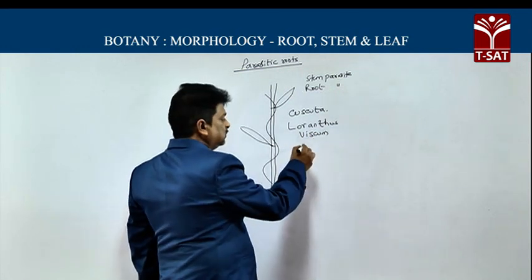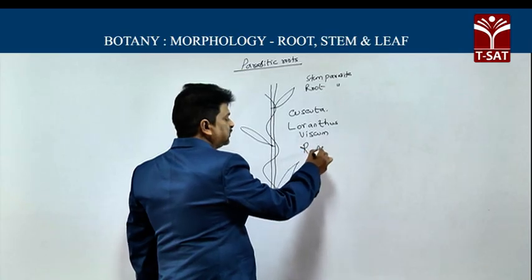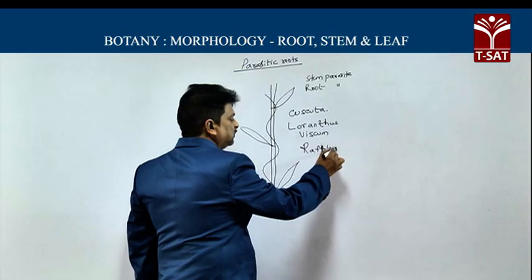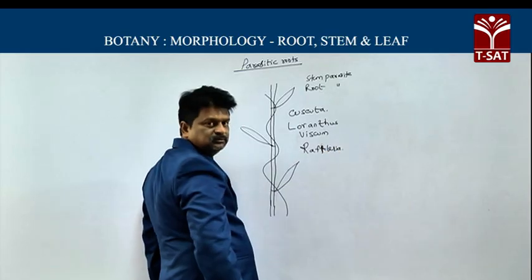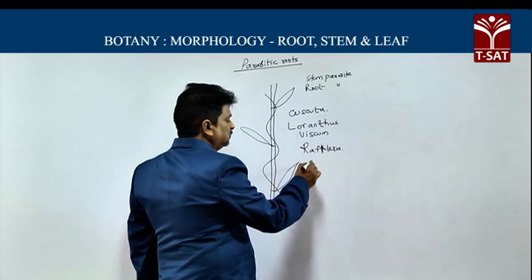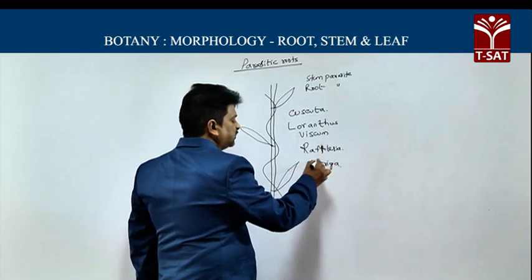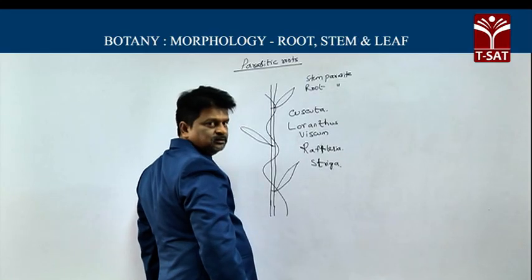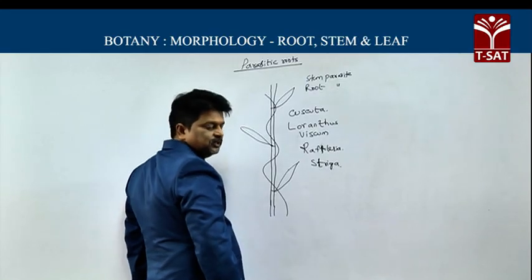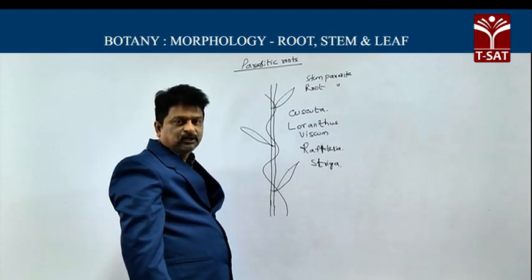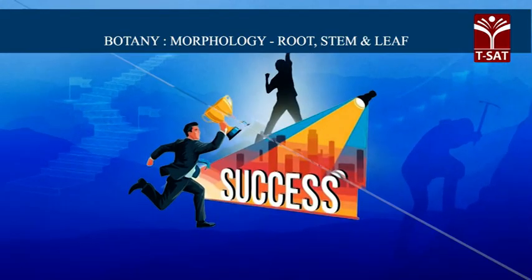Third, complete root parasite, for example Rafflesia. Then partial root parasite, for example Striga. Here Rafflesia is a complete root parasite and it produces the largest flower.